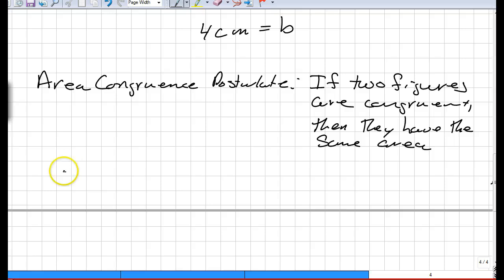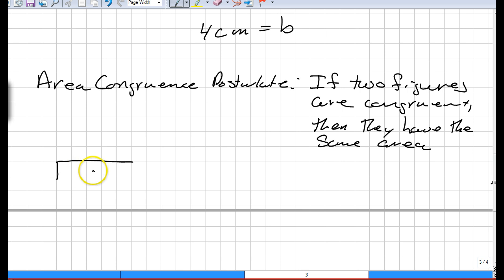For instance, I could have one figure that's 1 unit by 6 units, and so that would be 6 units squared would be the area of that one. And I could have another one that's 2 by 3.